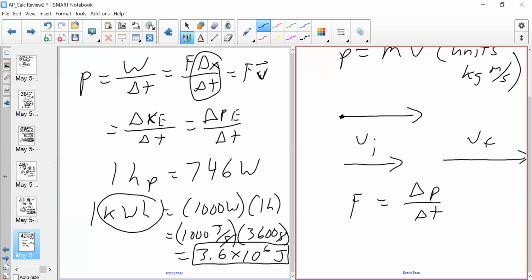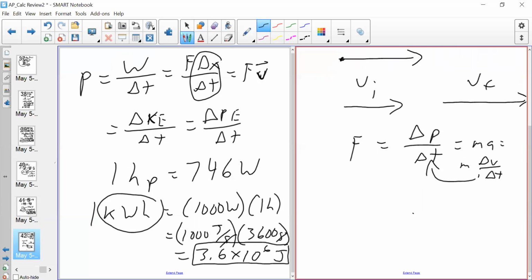Well, this all just comes from F equals ma, which is m delta v over delta t. We're just taking Newton's second law and rewriting it in terms of our new concept of momentum.